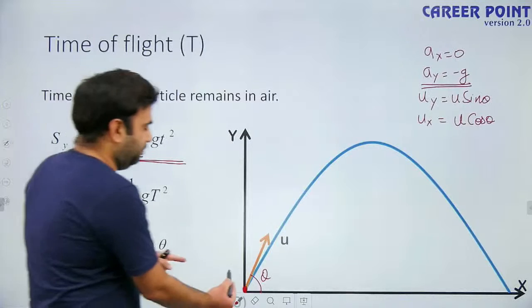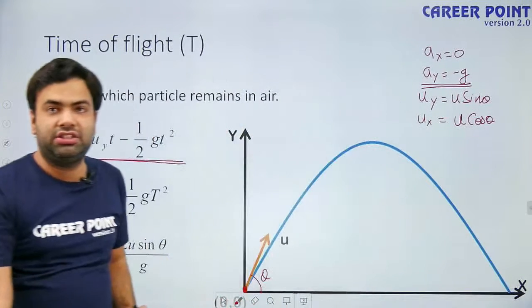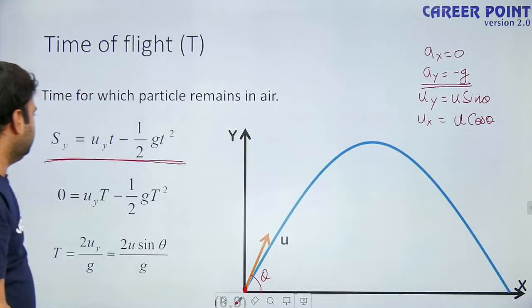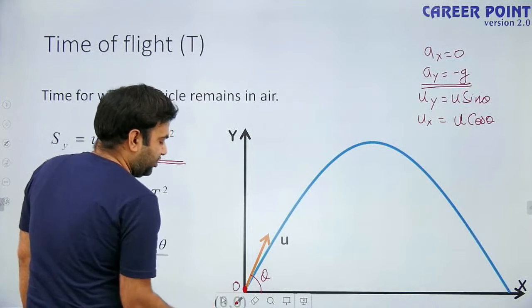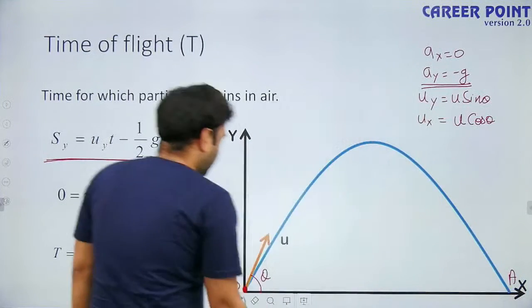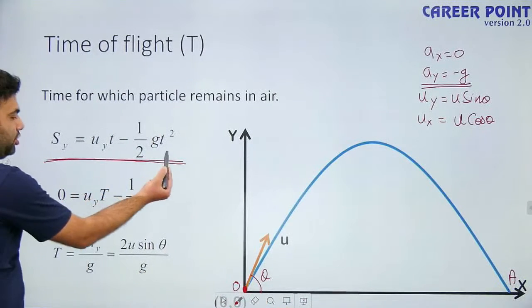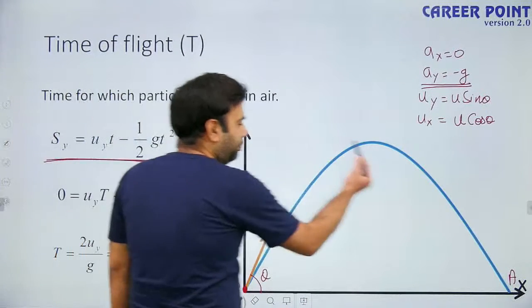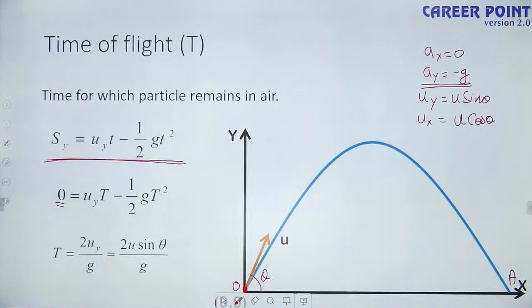After the completion of the journey, its displacement in y direction is 0. That means I am going to apply the second equation of motion from point O to point A. From O to A, what is the displacement in y direction? It is equal to 0.